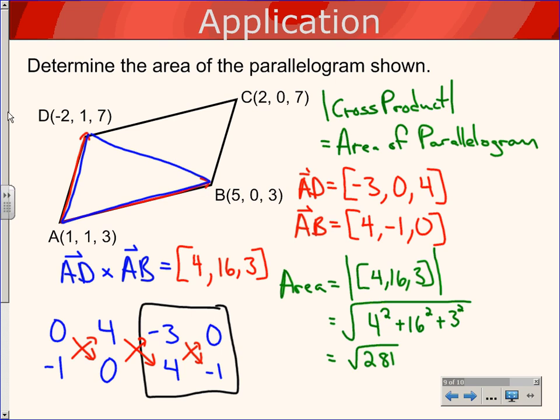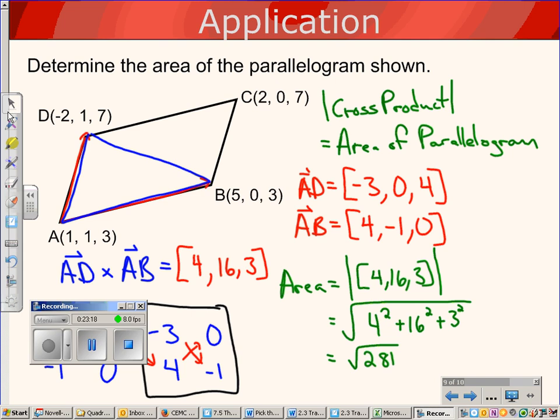So if you see a question asking for the area of a triangle, you find the cross product, you find the magnitude of the cross product, but then once you're done, you divide by 2. So in this case, the area of that blue triangle would be square root of 281 divided by 2, just half of it.